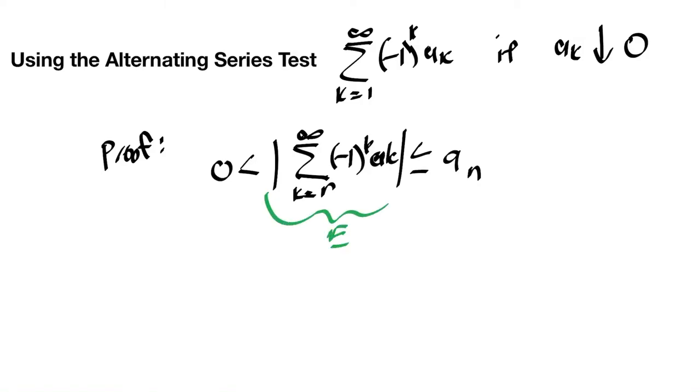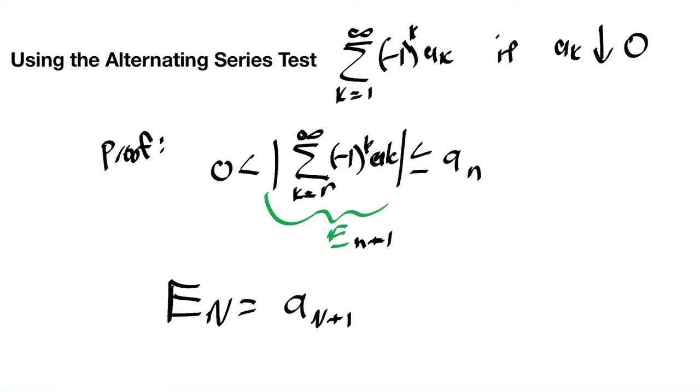But this is great, because this is exactly our error term. So what that means is, once I'm taking my sum, I have the error term, and by the way, this is the error of the previous term. So probably what I want to say is that my error term is just equal to a sub n plus 1.